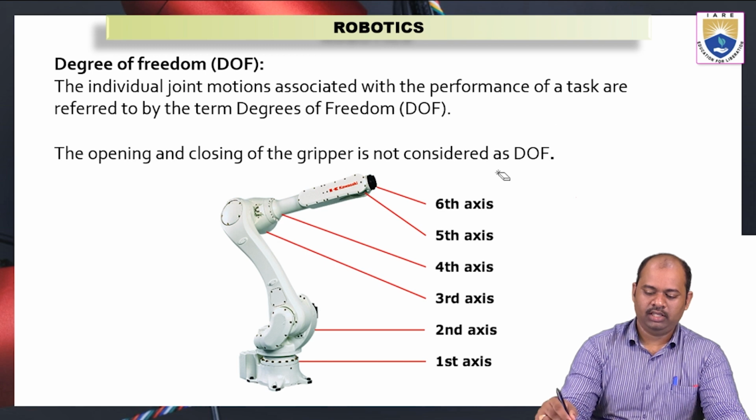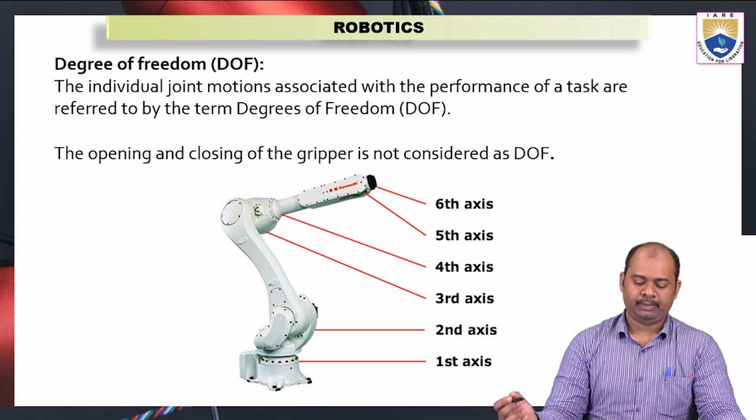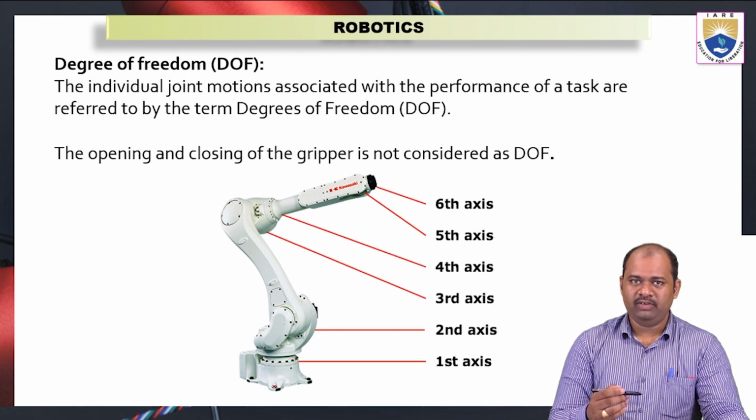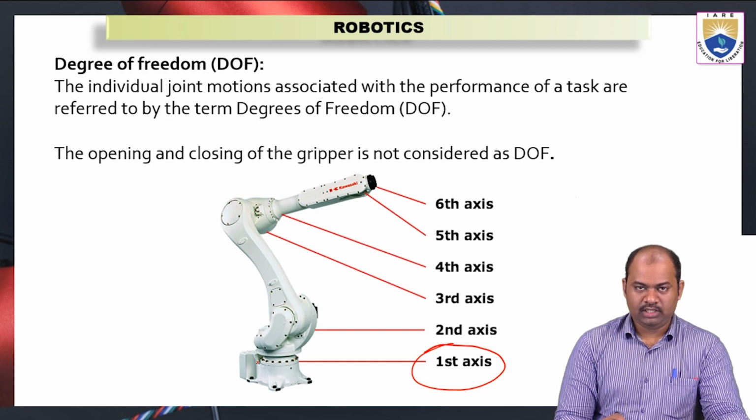Now in this diagram we can see a robot which has many links and joints. We'll see in how many free directions this robot can move. First axis is here. This is the actual diagram of the robot where we can see the base.